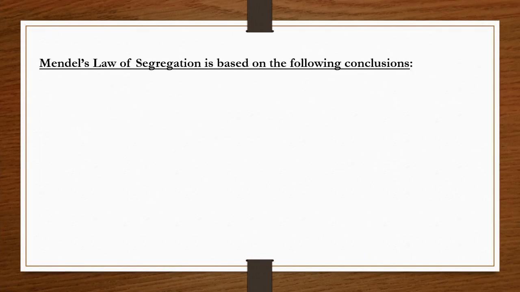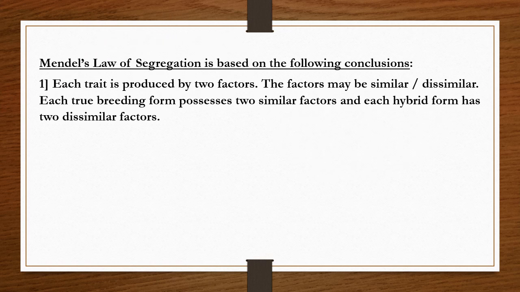Mendel's law of segregation is based on the following conclusions. Number one, each trait is produced by two factors. The factors may be similar or may be dissimilar. Here similar means the genes are similar, that means either capital T or small t. Or they may be dissimilar, that means capital T, small t. Each true breed form possesses two similar factors.